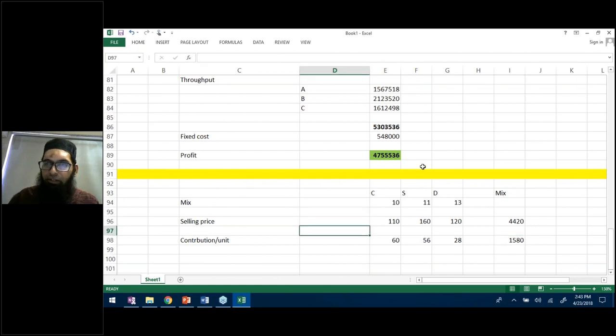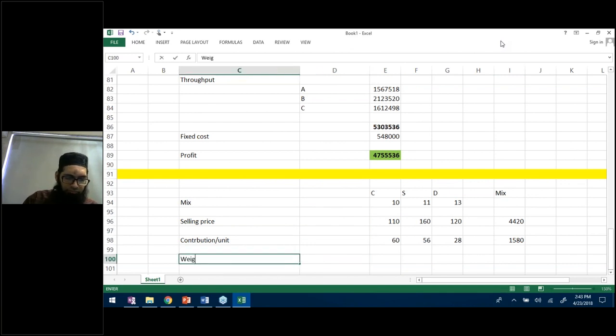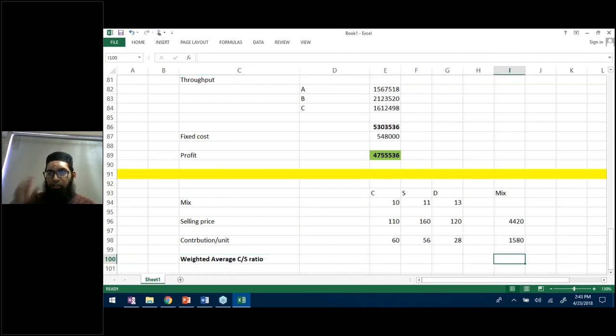Now to calculate the weighted average CS ratio, you can simply calculate the CS ratio of that mix with the formula: contribution per unit of a mix divided by the selling price of a mix.